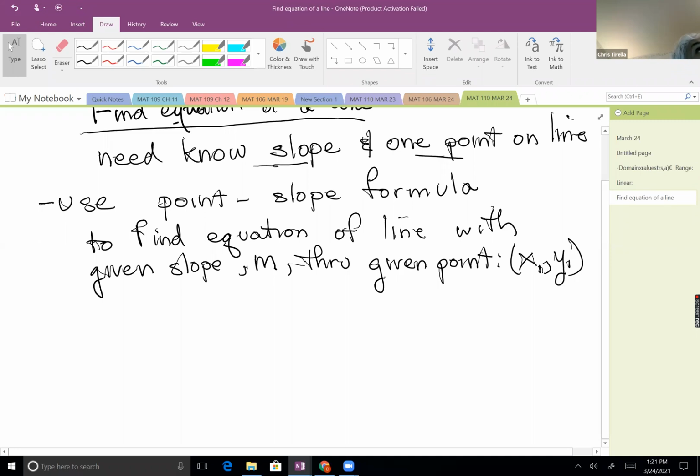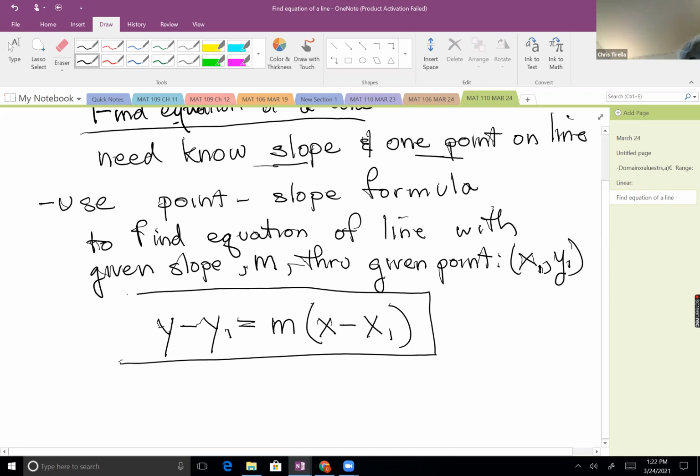What I'm going to do first is give you the point slope formula. The point slope formula is y minus the y value of the point, y1, is equal to m, the slope, times x minus the x value of the point, x1. And so this is our point slope formula.